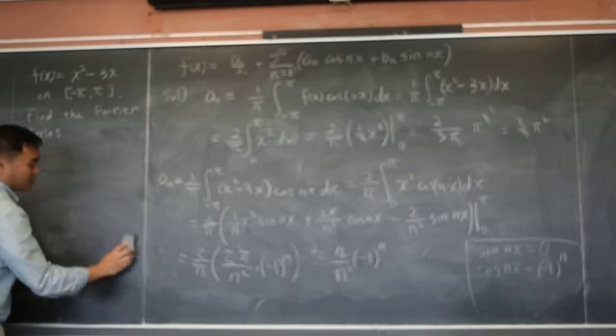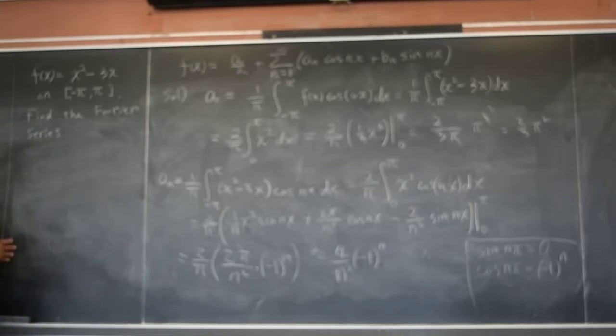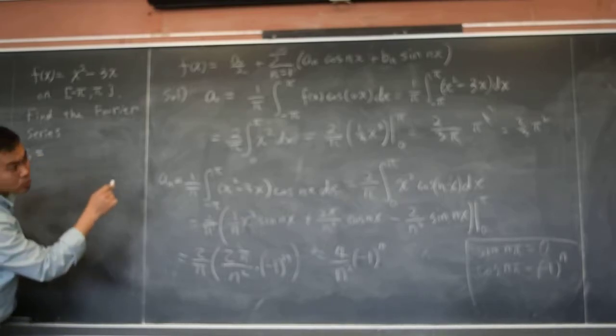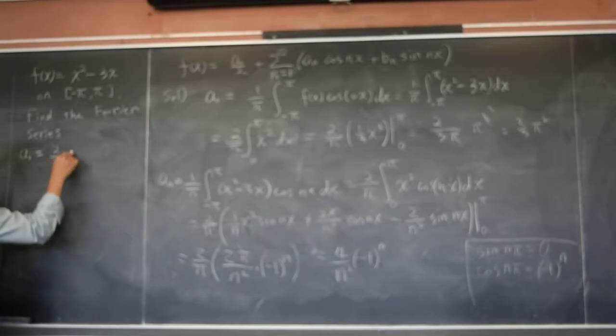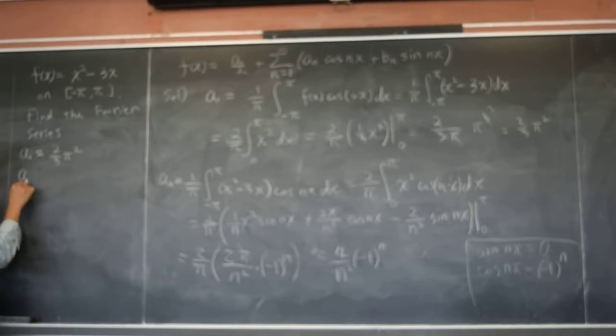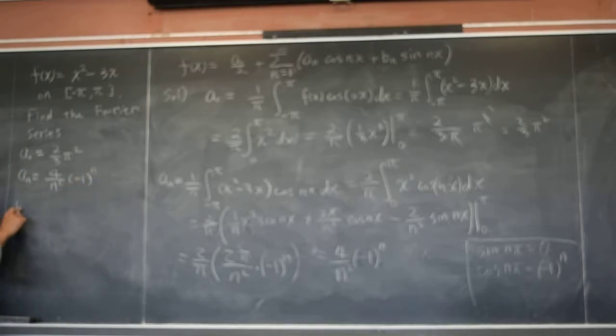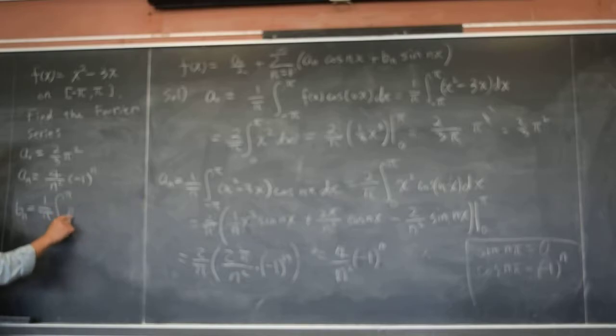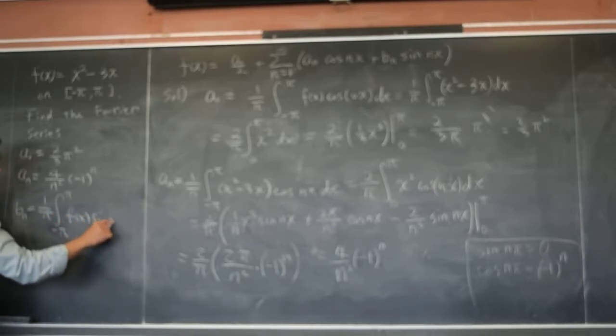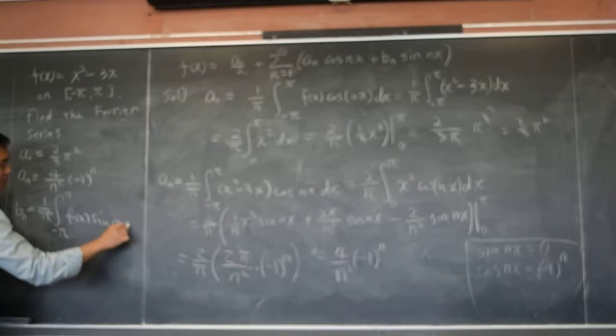Now let's write down these results since we don't have any room to write. We have A0 equals 2 over 3 pi squared. And then An equals 4 over n squared times negative 1 to the nth power. And now we have to find Bn to plug into that formula. Bn, I erased it, but it's 1 over pi, the integral from negative pi to pi of f(x) times sine nx dx.